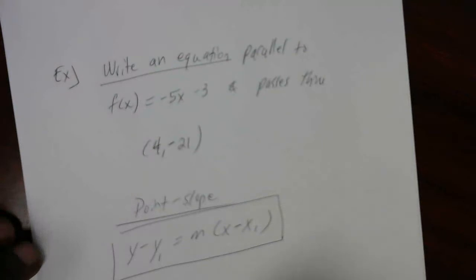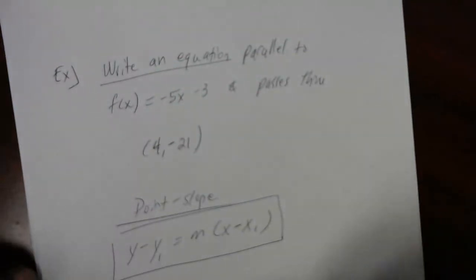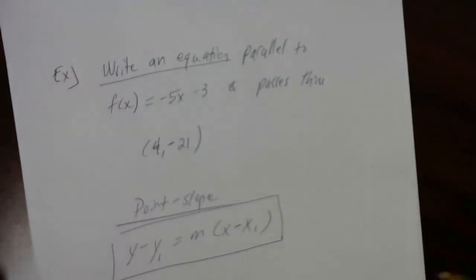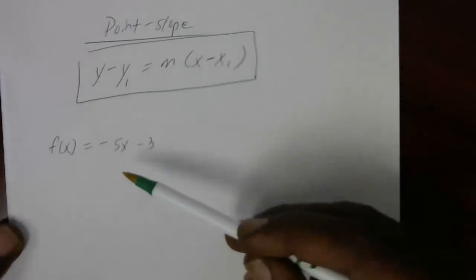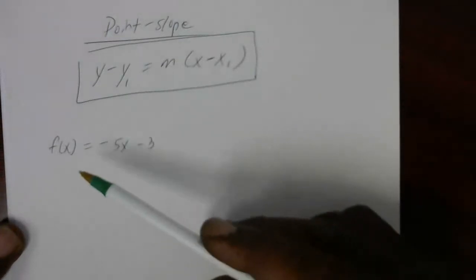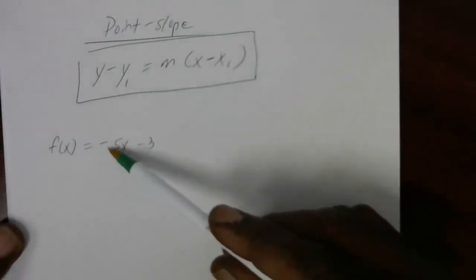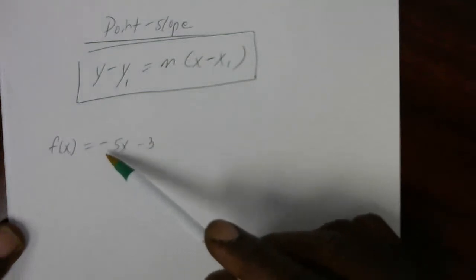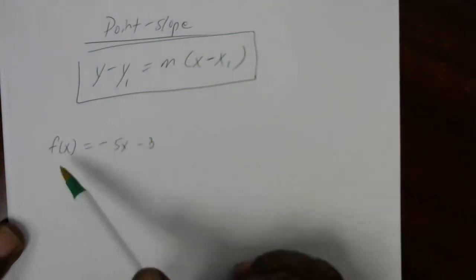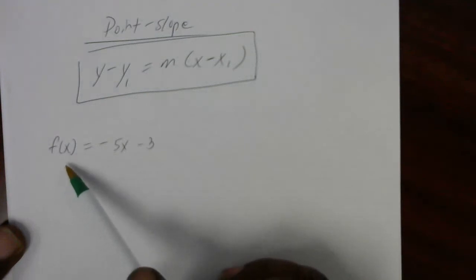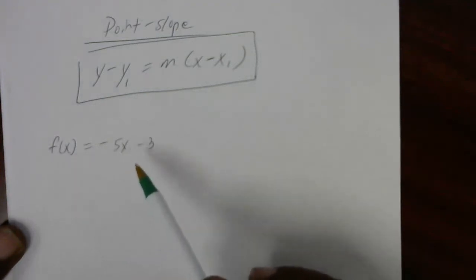And our line has to be parallel to this line. So let's determine the slope of this equation. Since this equation is in slope-intercept form, y equals mx plus b, and since this is in function notation, we have replaced y with f of x, but nonetheless, this is still slope-intercept form.